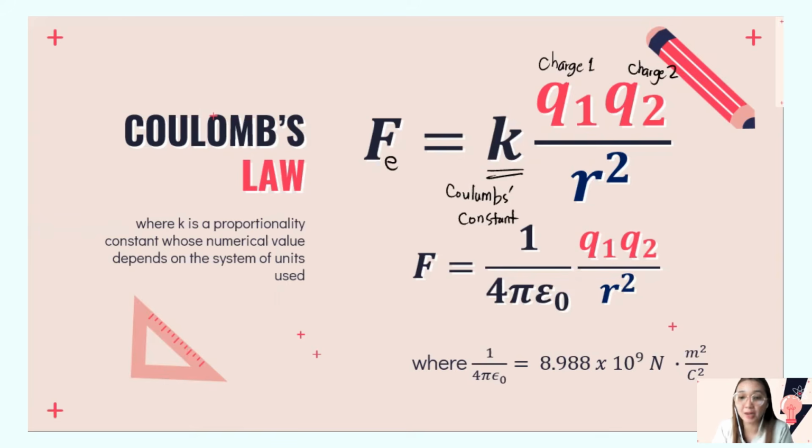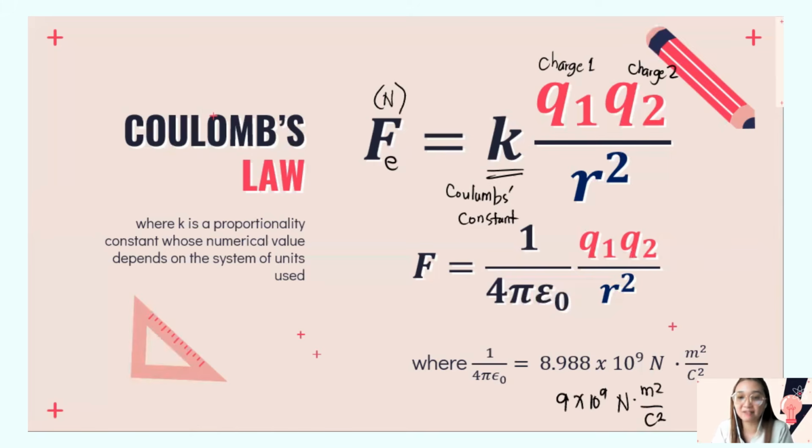Or simply, para mas madali po nating maalala, 9 times 10 raised to 9 Newton meter squared over Coulomb squared. Okay, so take note of this formulas and givens. Okay, so the unit of force is in newtons. Okay, so that would be all for electric forces.